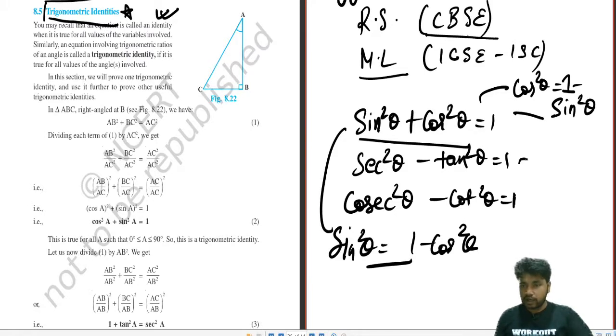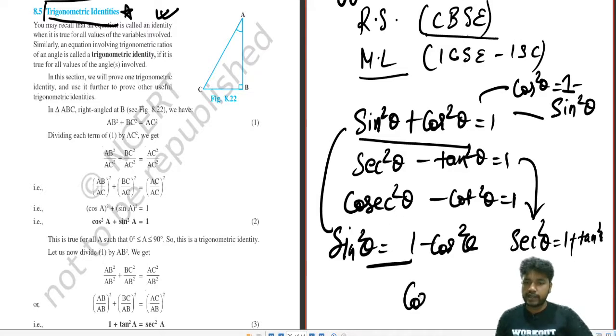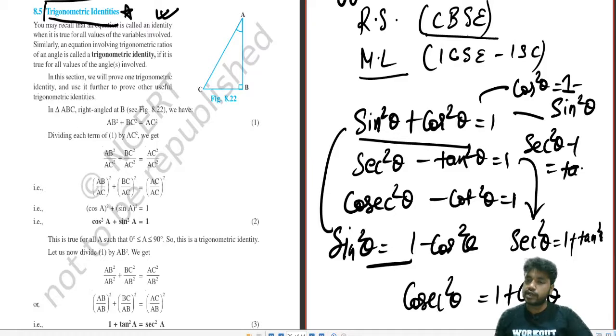For this you can know another formula, that is sec square theta equals to 1 plus tan square theta. And for cosec it will be cosec square theta equals to 1 plus cot square theta. Using it for sec only, that will be sec square theta minus 1 equals to tan square theta.